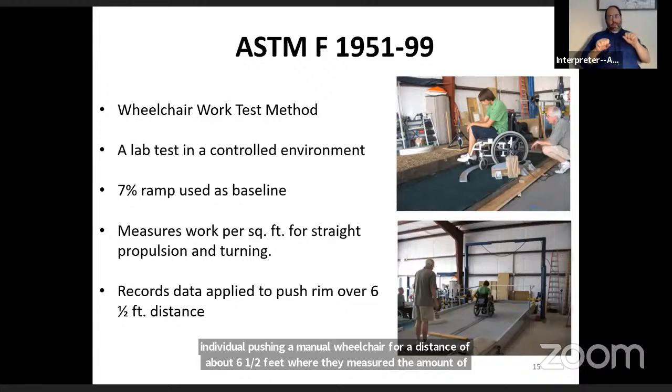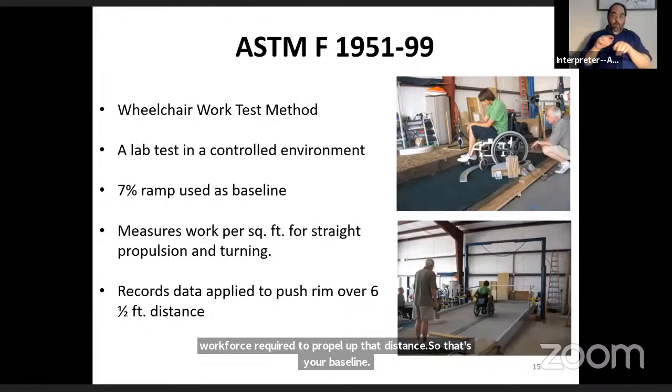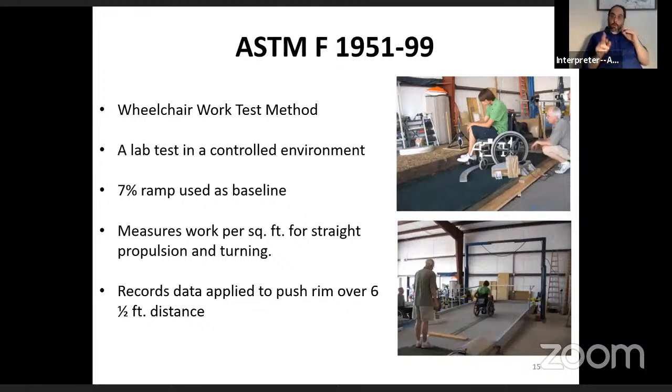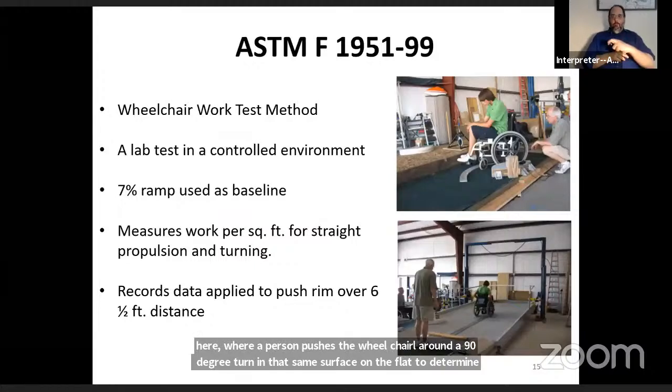Okay, so that's your baseline. You also have a curve test or a turn test. You can see that in the upper picture here, where a person pushes the wheelchair around a 90-degree turn on that same surface on the flat to determine whether or not this installed test bed meets those requirements or is under the threshold of that 7% grade.